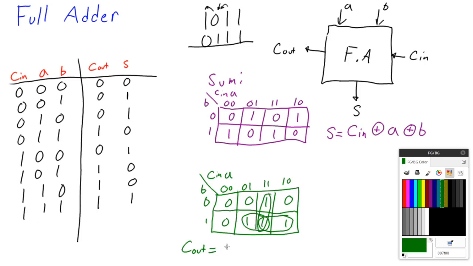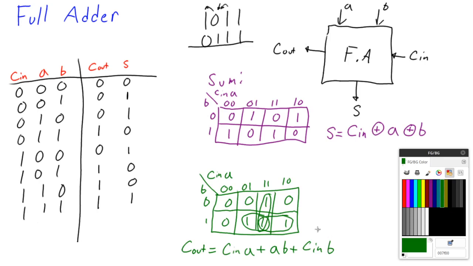Looks like C in and A, ORed with, now we'll do this one, A B, ORed with, and it looks like this one is C in B.